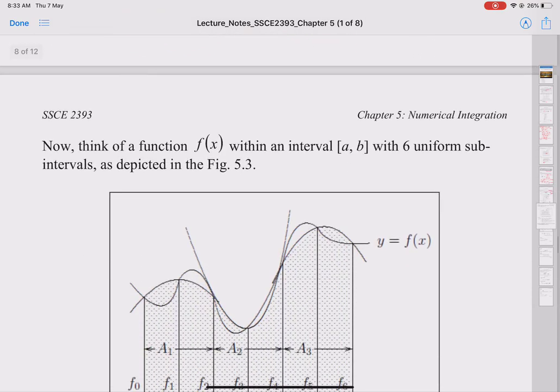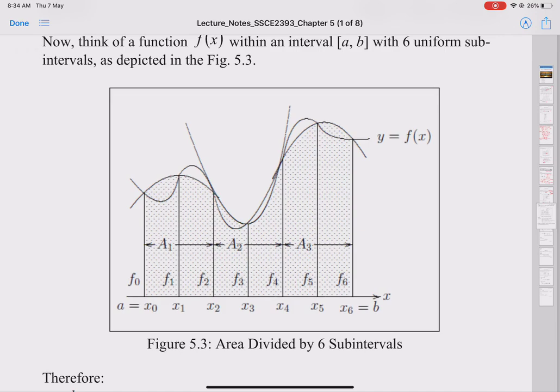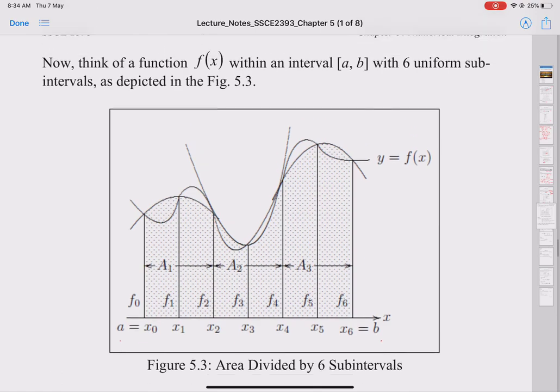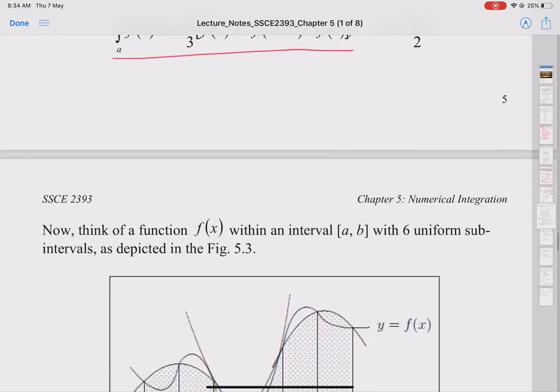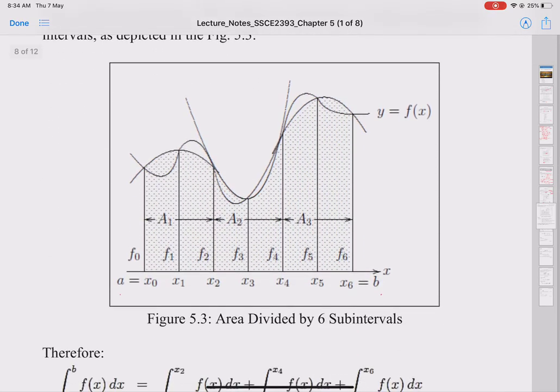If you have a graph like this one, and we want to know what is the area under this graph, so for now, if you want to evaluate from A to B, we still can divide into 6 sub-intervals, but now we have 3 big sub-intervals, because for one formula of Simpson rule we use 2 sub-intervals.